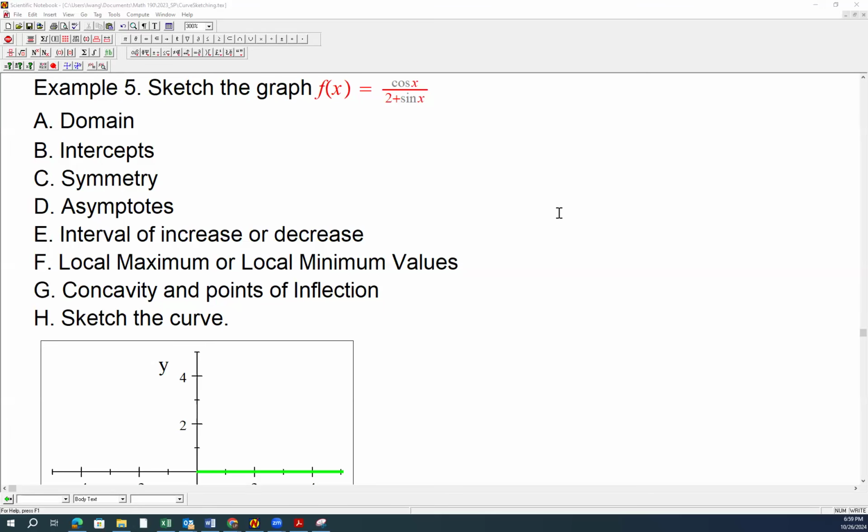Hello, everyone. This lesson is an example on sketching the graph of a specific function. But this function that we have selected is a trigonometry-related function.